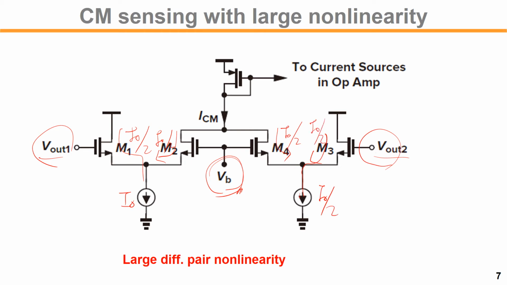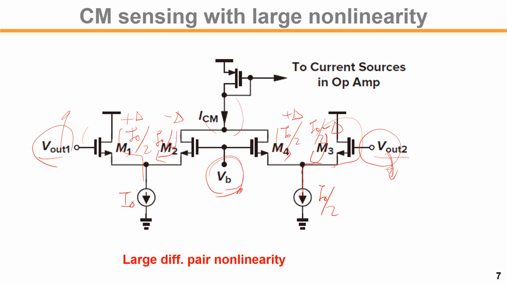See, one side goes up and the other side goes down by the same amount. The M1 current increases, but the M3 current goes down. Let's say this is plus delta and then minus delta, right? If Vout2 goes down, then M2 will be minus delta current, and M4 will be plus delta current.